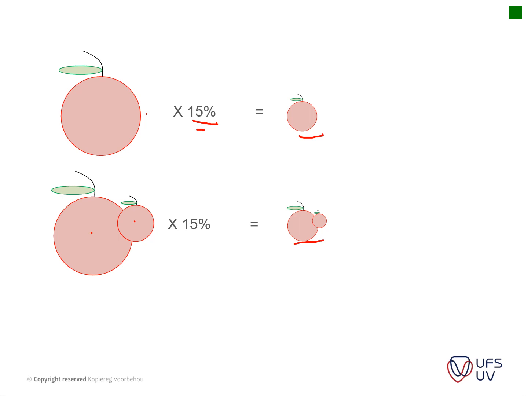I think on the next slide it's illustrated nicely, but what you have here is an answer of 115 over 100, and not 15, so it's not the same as 15 over 100. Okay, and that's a very important thing to remember. Good, so let's go to the next slide.